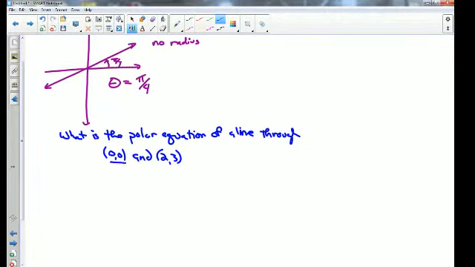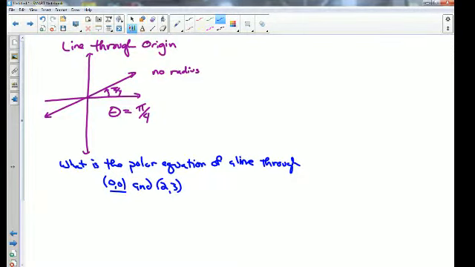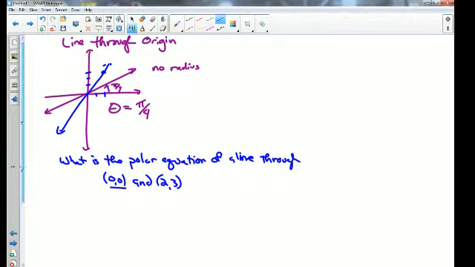Obviously the origin, right? And 2, 3. It's right there. So we want to plot that line. What do I need to figure out?